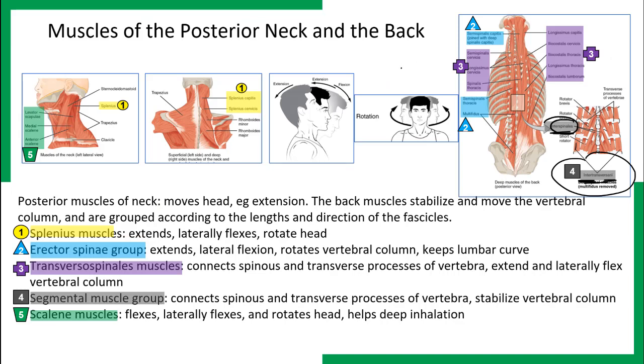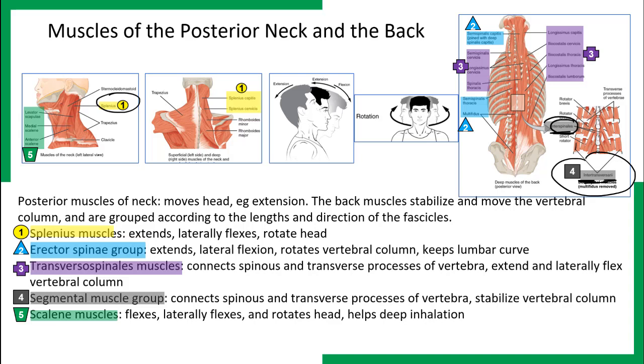We've also got longer muscles. You see here the splenius muscles, which basically help to extend and rotate the head and flex the head on the side. So if you basically move your head so that your ear moves towards your shoulder on one side and then to the other side, that's called lateral flexion.